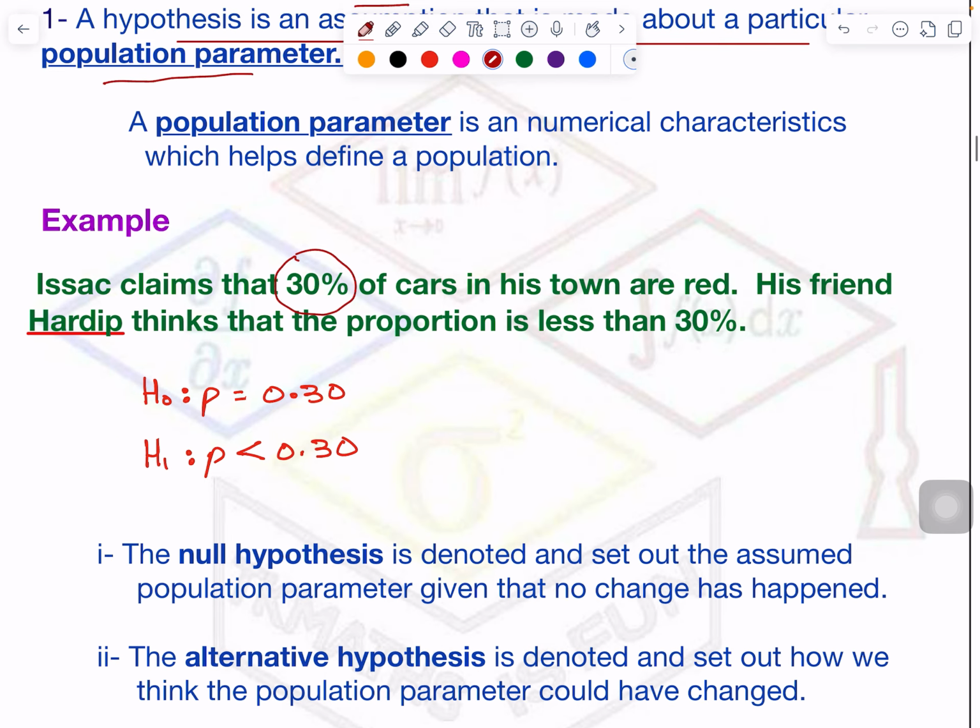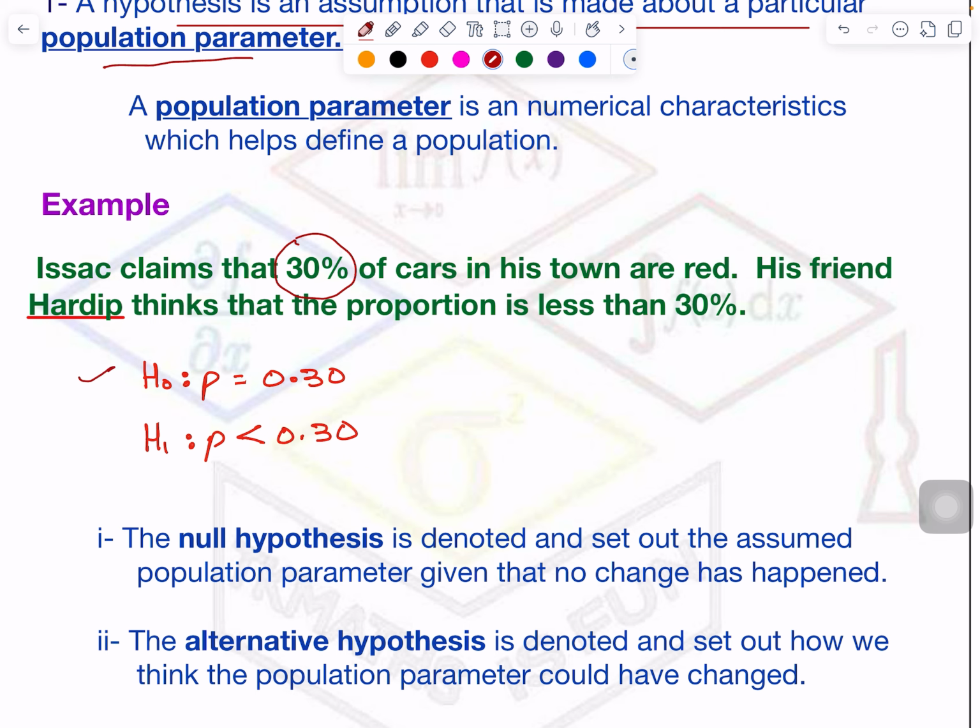Last time I told you H0 is called the null hypothesis and H1 is called the alternative hypothesis. The null hypothesis is denoted by H0 and sets out the assumed population parameter, like an understood thing taken by everyone. In this case, Isaac says it is 30% red cars in the town, and that cannot change. This is the null hypothesis. Whereas the alternative hypothesis talks about the change in that.